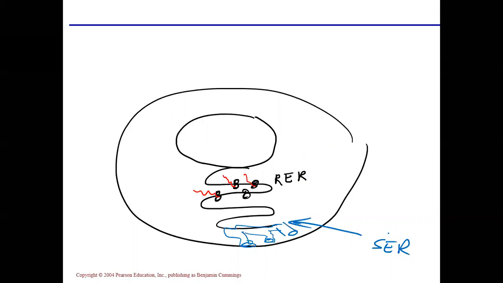One of the functions of the SER happens to be they can synthesize cholesterol, synthesize the lipid components of the lipoprotein in liver cells, for example. They can metabolize lipids, for example.